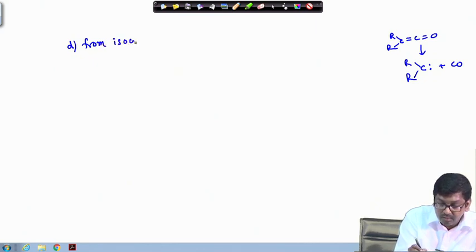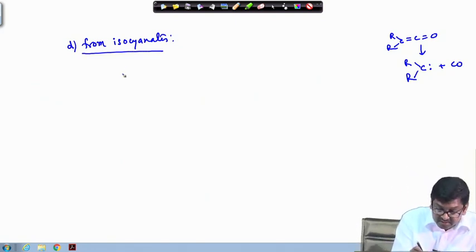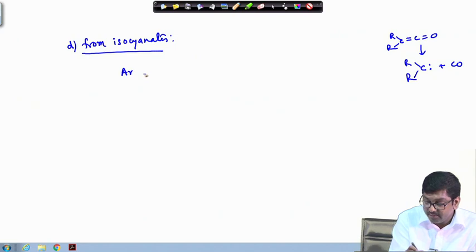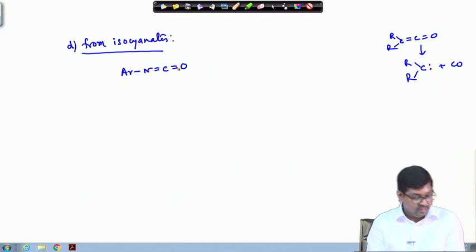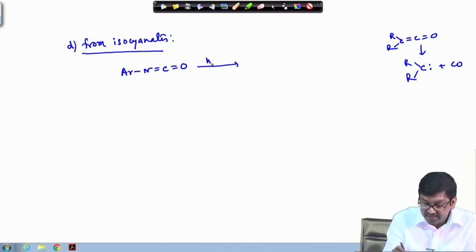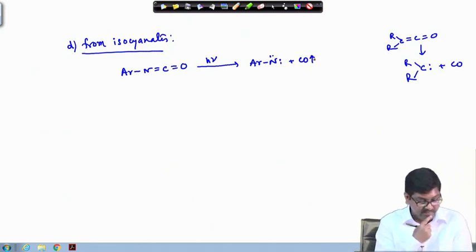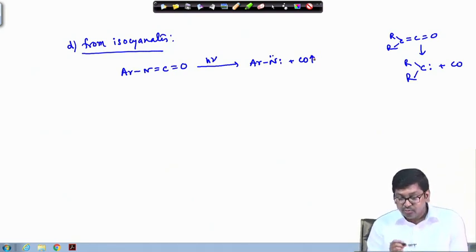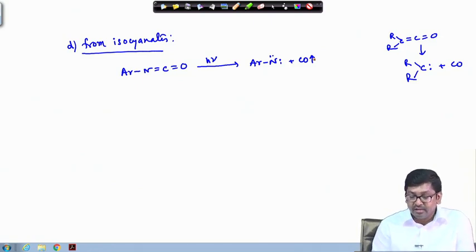If you think about the ketenes, then the isocyanate is this structure. Under photochemical irradiation, this will give the corresponding nitrene plus carbon monoxide elimination, in a way analogous to generating carbene from the ketene. Here also, under similar conditions, this gives the required nitrene species.